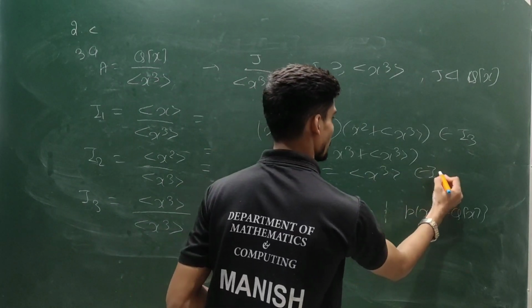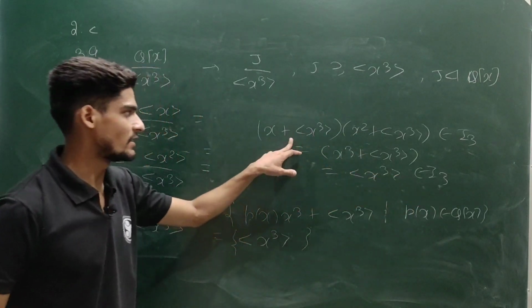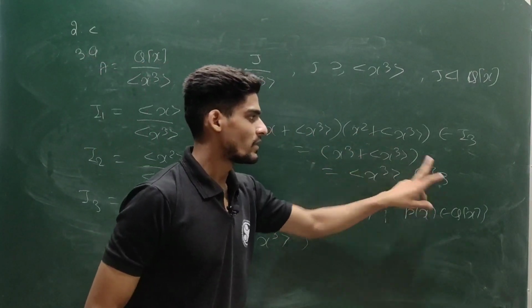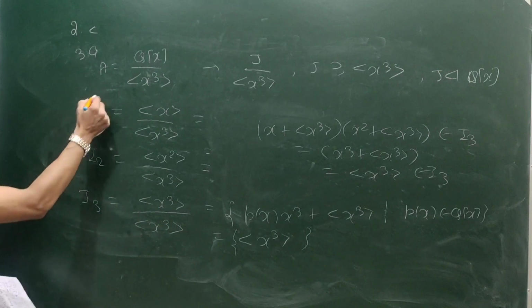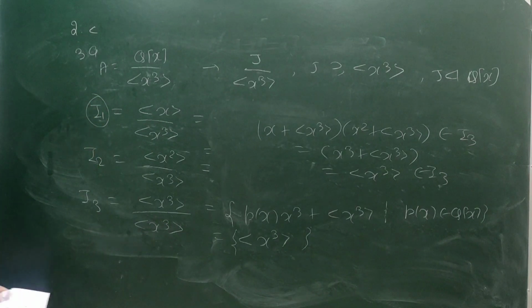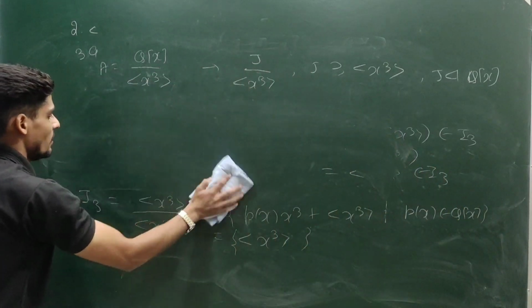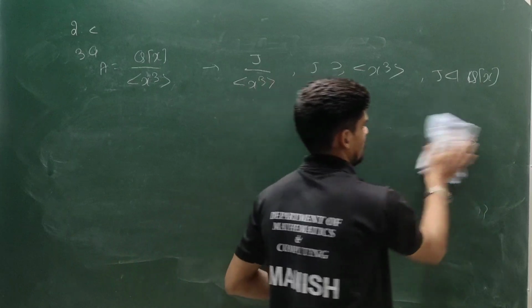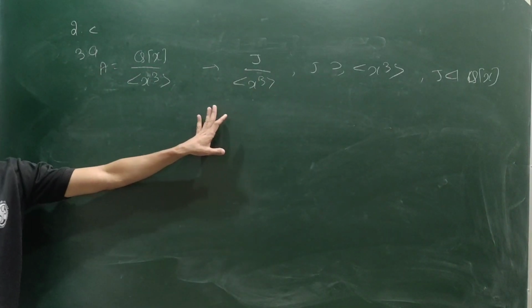So this is a member of I3. So the product is inside I3, but neither this is inside I3 nor this is inside I3. Hence this is not a prime ideal. So I1 is the only prime ideal. So this is the explanation for this. I cannot give a better explanation for this. I cannot give any short trick for this.